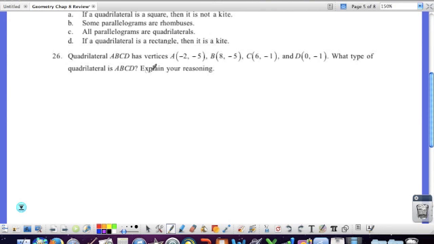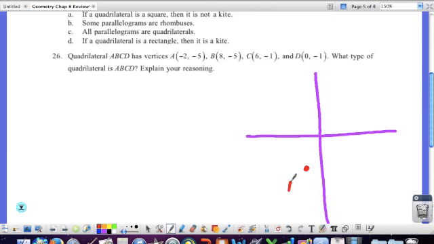Quadrilateral ABCD has vertices of A(-2, -5), B(8, -5), C(6, -1), and D(0, -1). What type of quadrilateral? So I know you guys don't love these, but I'm going to do a very rough sketch. So (-2, -5). I'm going to put the A there.